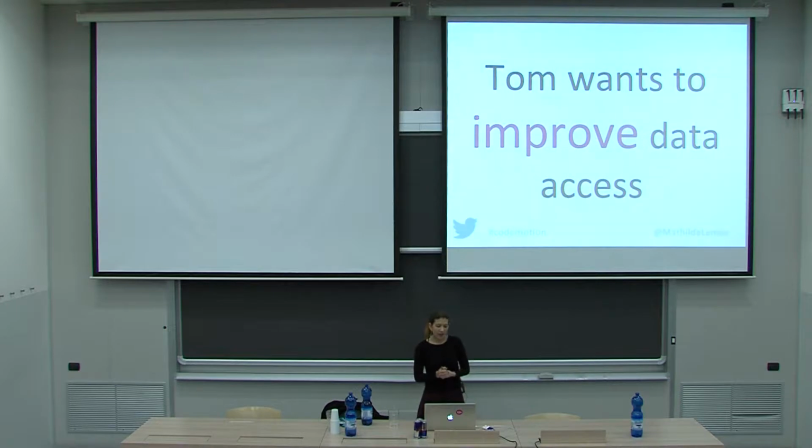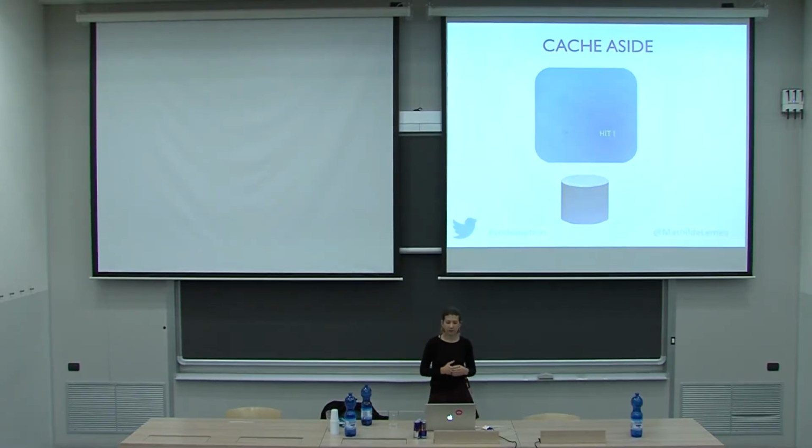So, the basic is you have a web application or basic application, and you just want to improve your data access. What you do normally is what we call cache aside.